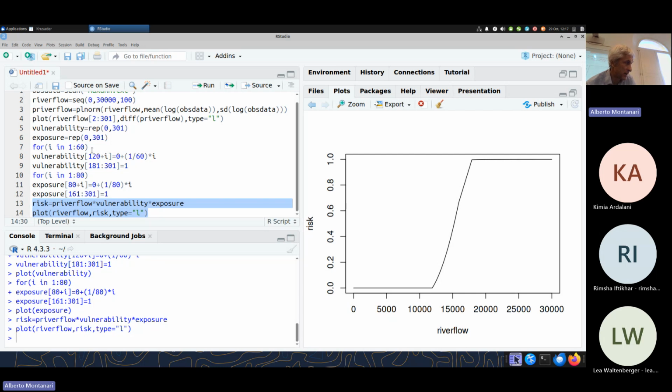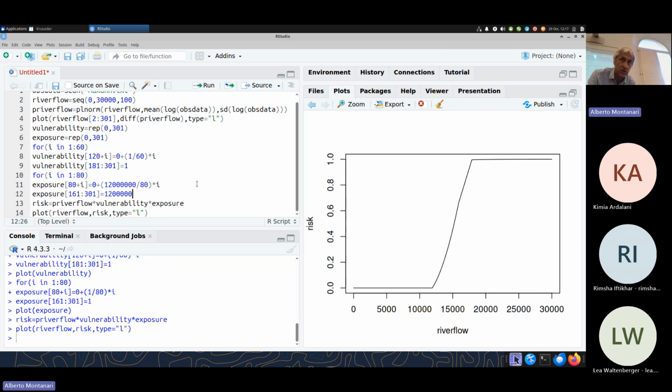So let me go up here. Exposure. It's 0 plus, but here I need, it's not 1 over 80. I think it's 12 million, if I well remember. And then here is 12 million.